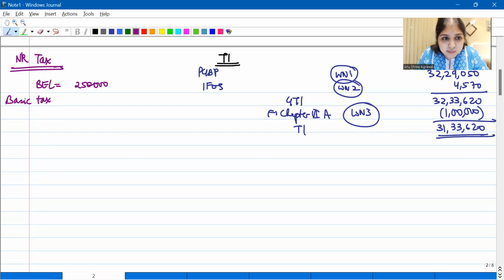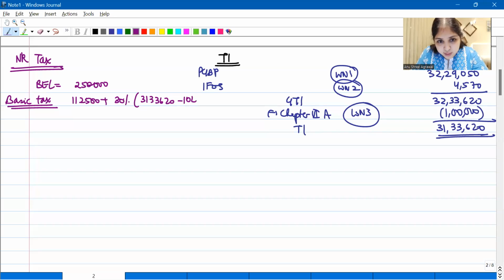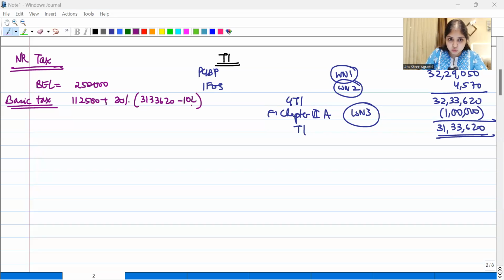What is the basic tax of my assessee? Up to 10 lakh, you anyways have to pay 1,12,500, plus 30% of whatever income you have earned in excess of 10 lakh. So how much does this work out to?